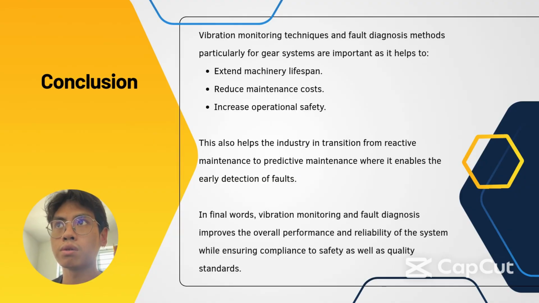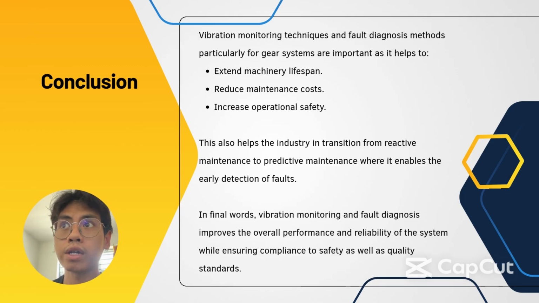Now I'll wrap things up by concluding this topic. In conclusion, vibration monitoring techniques and fault diagnosis methods, particularly for gear systems, are important as they help to extend the machinery's lifespan, reduce maintenance costs, and increase operational safety.